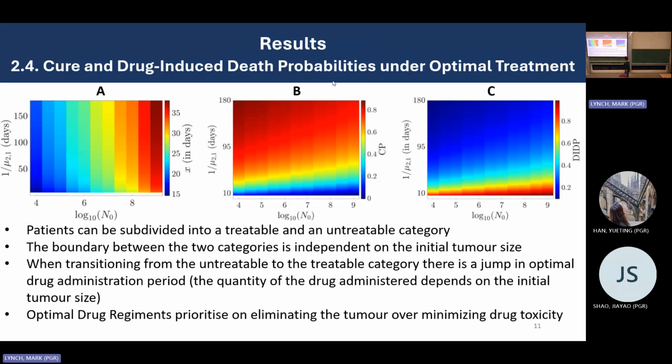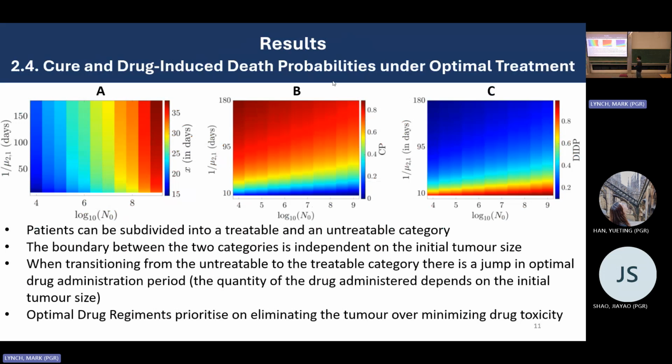And we can see that there is a threshold value for the person's resilience to the drug, where that separates treatable and untreatable patients. So the optimal drug administration jumps from 0 drug to a positive value that spans from 15 to around 35 days. And the value of the jump depends on the initial tumor size.